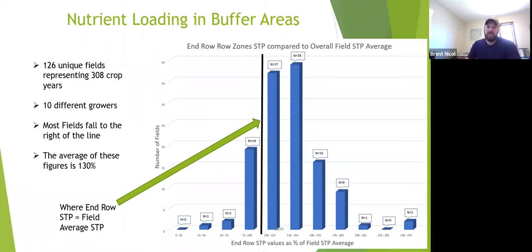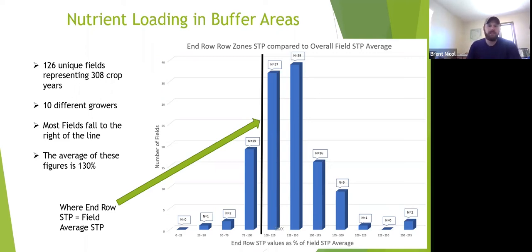So from what we can see, the majority of the fields land on the right side of that field average soil test phosphorus line. Along the x-axis, you can see figures such as 0 to 25, 25 to 50, 50 to 75, and so on. This is the percentage of field average soil test phosphorus.